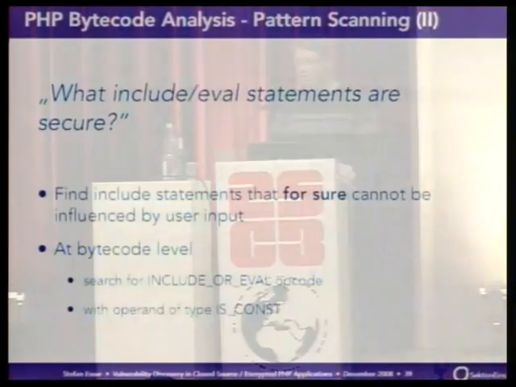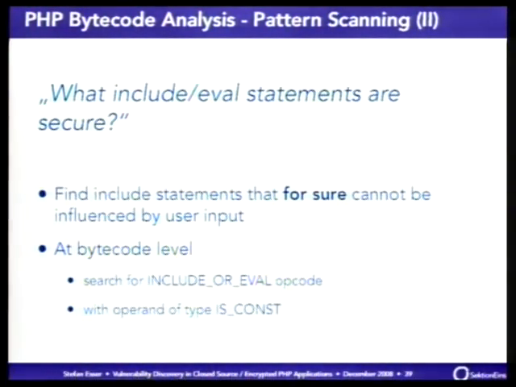The next thing you can do with simple pattern scanning is to answer the question, which include or eval statements are really 100% secure? This will not help you in many ways, but at bytecode level it only means you search for the include or eval opcode and check if the operand is a constant.